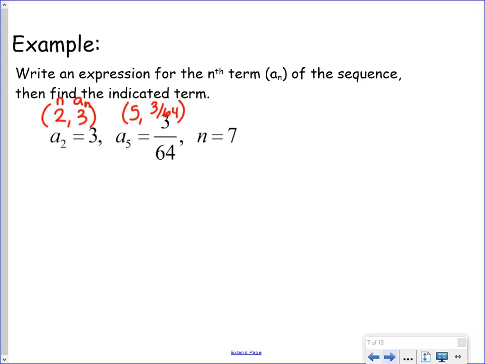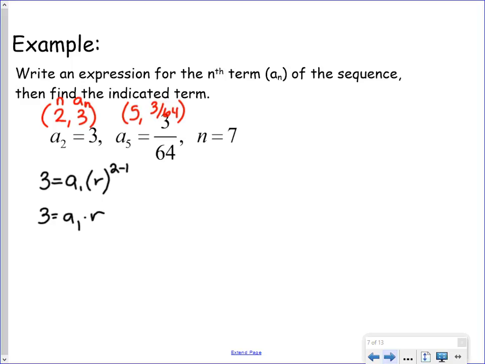So I would say something here like 3 equals a sub 1, which I don't know, times the ratio, which I don't know, raised to the n minus 1, which I know is 2 minus 1. So then I come up with 3 equals a sub 1 times r.